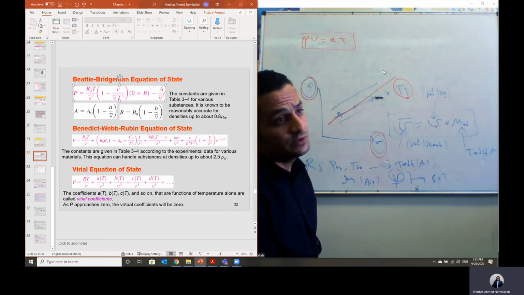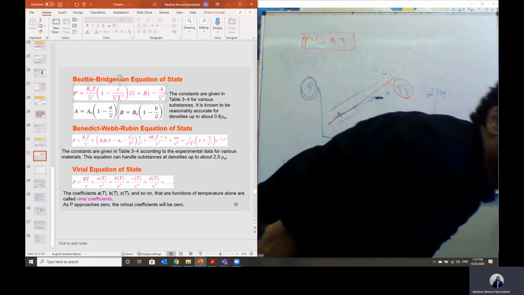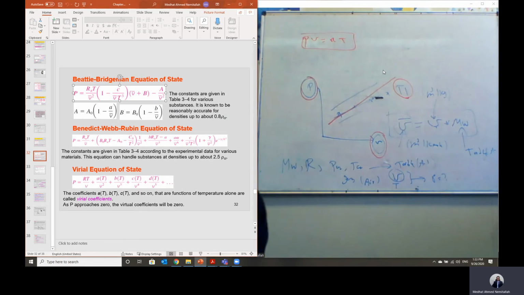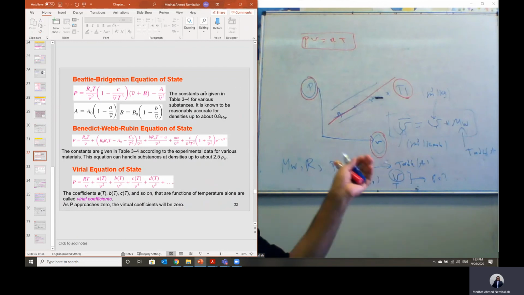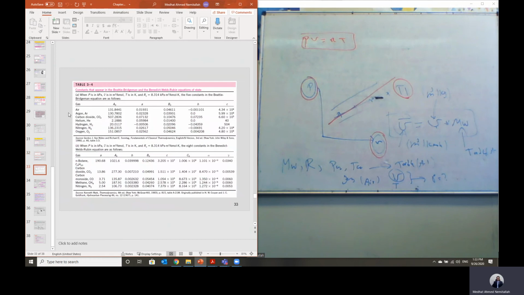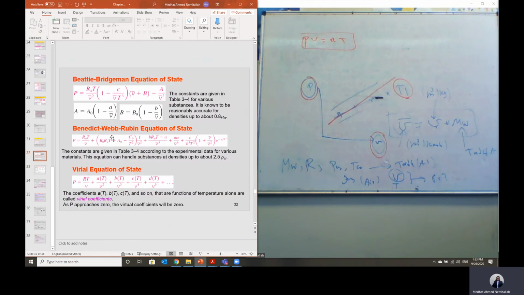Given the temperature, we can just substitute in this equation to calculate the pressure, which will be in kilopascal. This equation, guys, as I said, has constants you can get from table A34, depending on the working fluid.